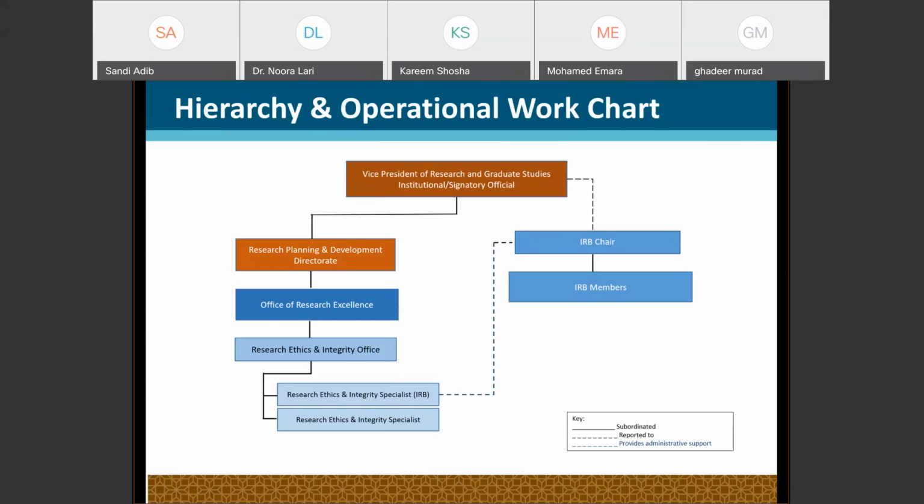The Research Ethics and Integrity Office is under the Office of Research Excellence, which reports to the Research Planning and Development Directorate, and this is the administrative support. Everything is administratively processed through this office and through the specialist who gives support to the QU-IRB chair and members.